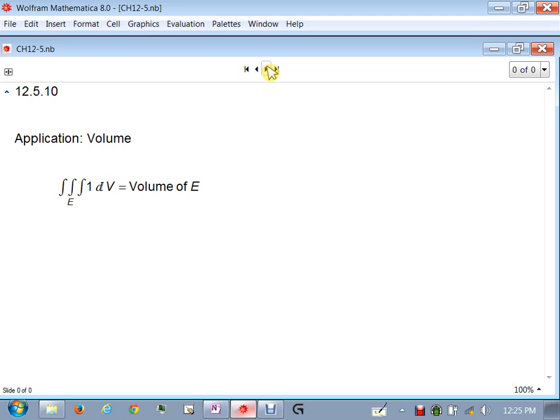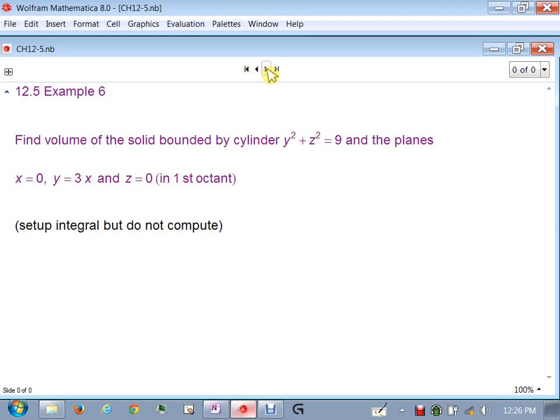If you do a triple integral of the constant function 1 with respect to volume, then that will give you the volume of that solid. So I think the last question is, what's the volume of the solid bounded by the cylinder and so on? This is the same problem I just gave you. Notice I didn't give you a function for a triple integral.